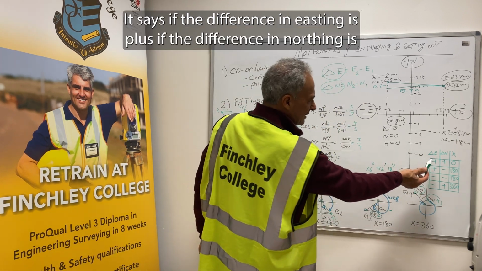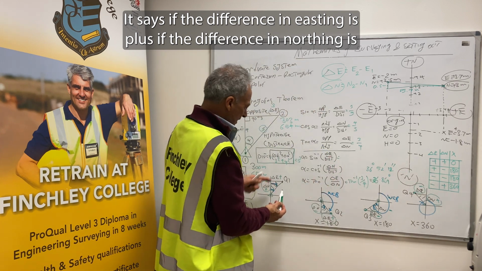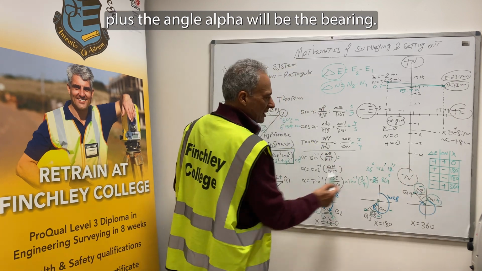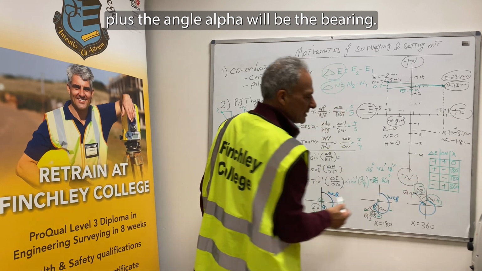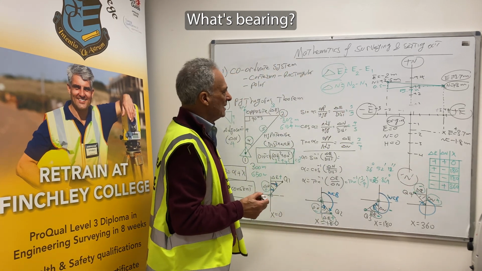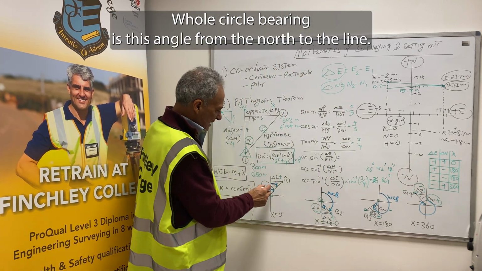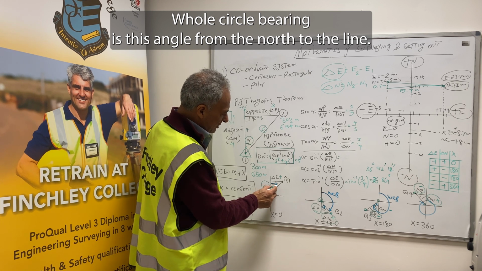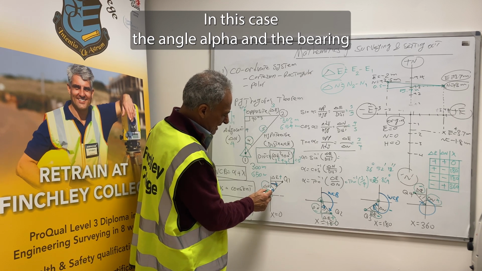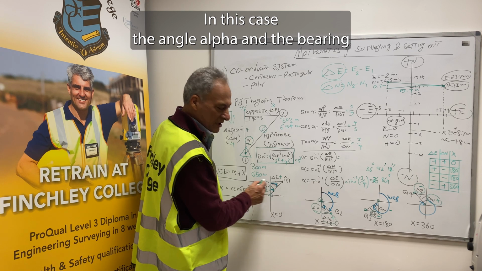It says, if the difference in easting is plus and the difference in northing is plus, the angle alpha will be the bearing. What's bearing? Whole circle bearing is this angle from the north to the line. In this case, the angle alpha and the bearing are the same thing.